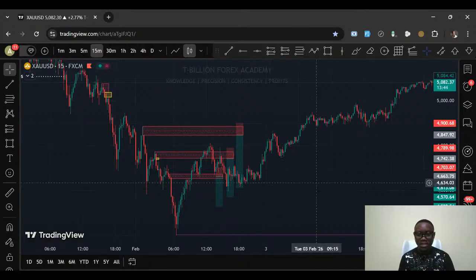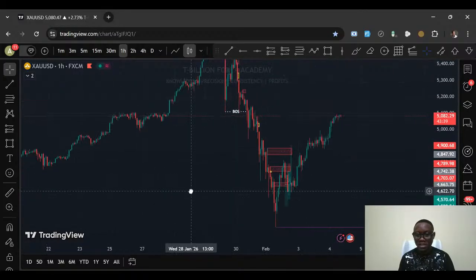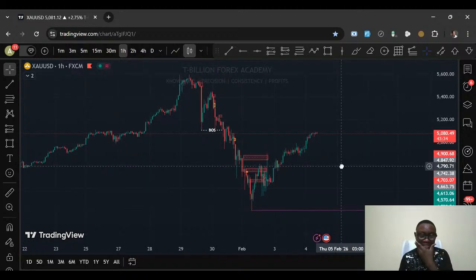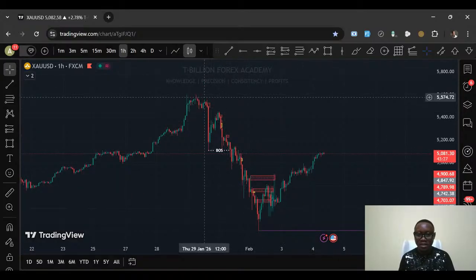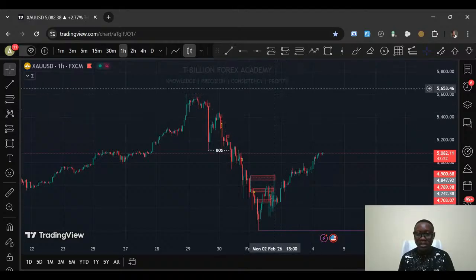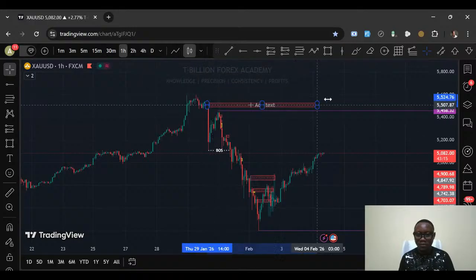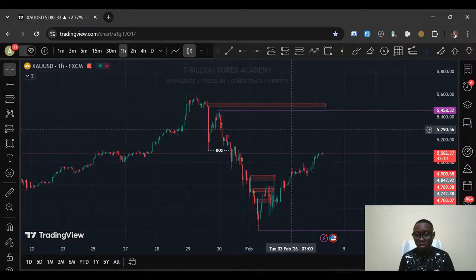As you can see, the trend is gradually propagating to the upside, but we cannot yet say the trend has shifted bullish, not until the most recent high is taken out on the 1H time frame, and this supply zone right here gets mitigated and probably changes to a breaker block zone.